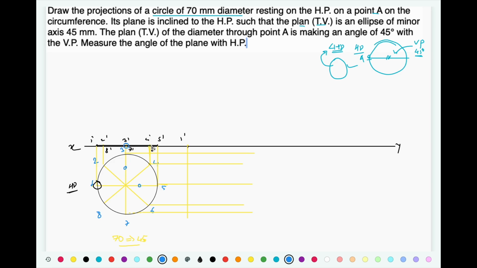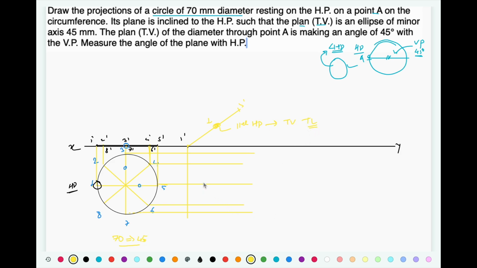Either you lift it by keeping 5 on the ground, or if you keep 1 on the ground and lift it this way, here you will get 5 dash. In both cases this 3.7 is going to be located at the 1 point, so that line is always going to remain parallel to HP. So in the top view its true length is going to remain unaltered.